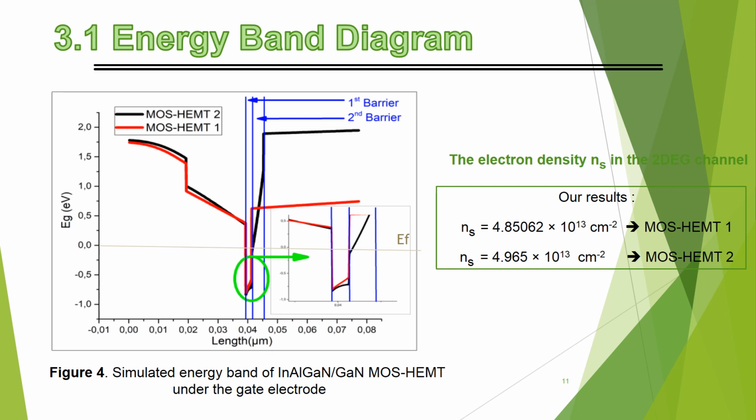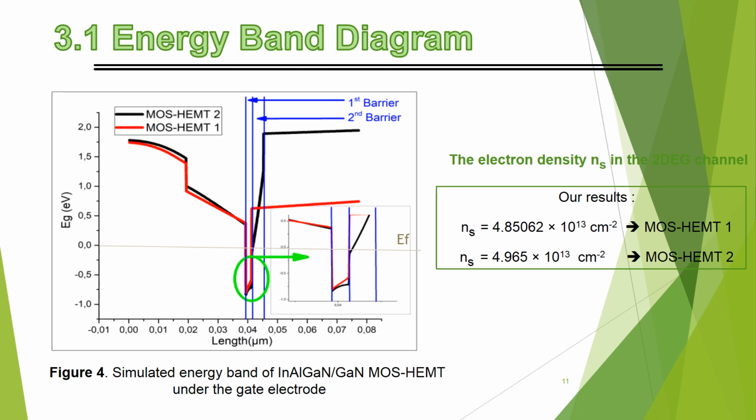The figure shows the conduction bands in the MOSHEMT under the gate electrode. The quantum well is clearly present at the interface between the two materials, the InAlN and the GaN channel. The conduction band profile shows a small difference between the single and double barrier in indium aluminum nitride.